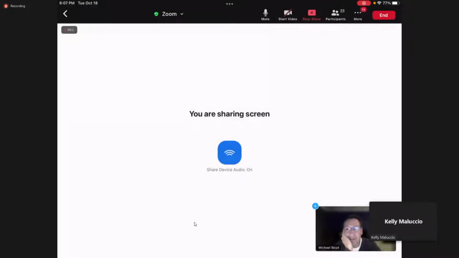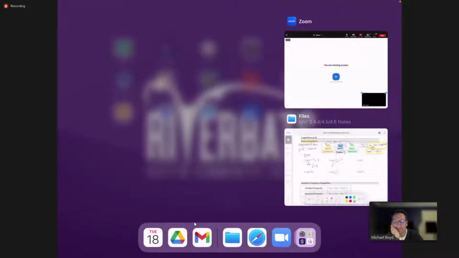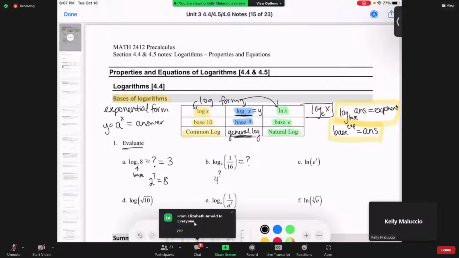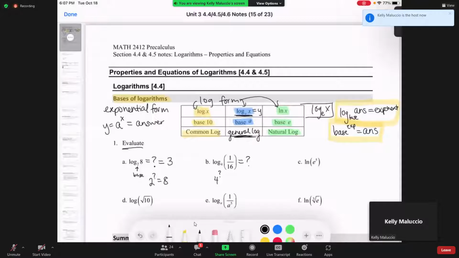Okay, can the class hear me? Can you hear me? Yes. Okay, so I'm on the iPad somehow, but I'm not on my laptop. This is creepy. I'm getting back on the laptop, and maybe I just joined on the iPad because I don't lose it on the iPad. It just means you guys won't be able to see me.